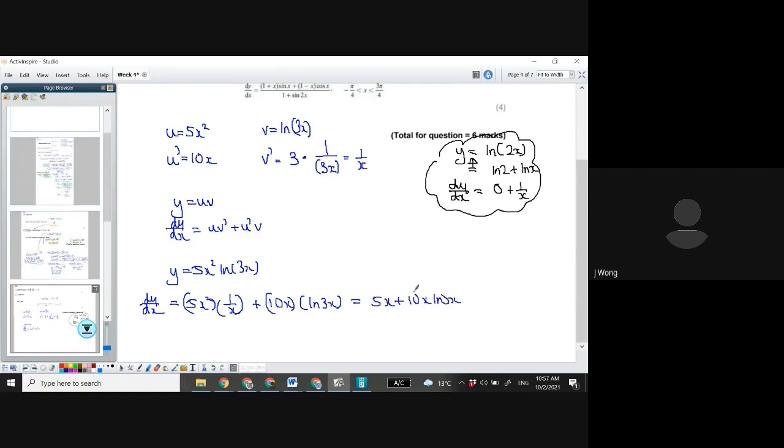Okay, so that could be the final answer. Or if you like to do it slightly more fancy, you could take out what they have in common, 5x and 1 plus 2 ln of 3x. Or you could even rewrite this as 5x, bring the 2 up, 1 plus ln of 3x all squared, and you have 5x, 1 plus ln of 9x squared.